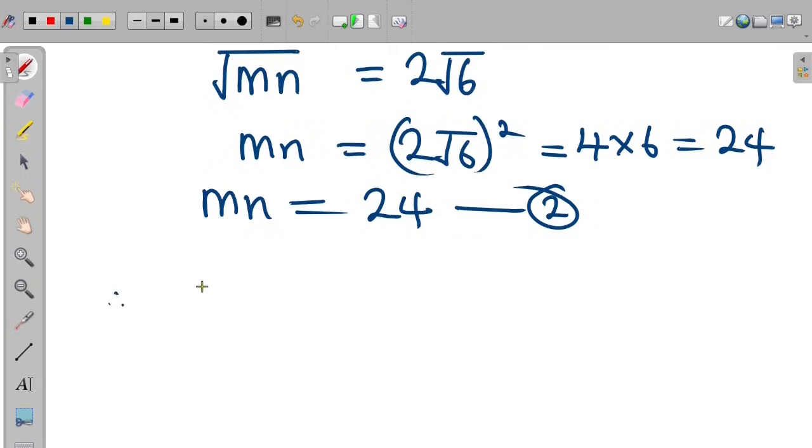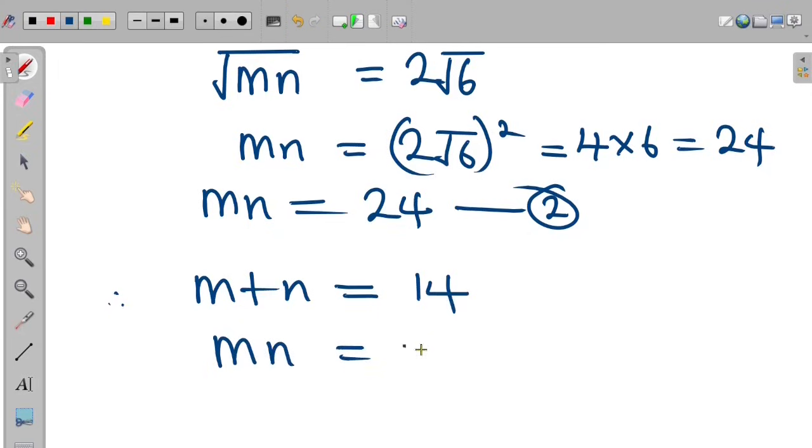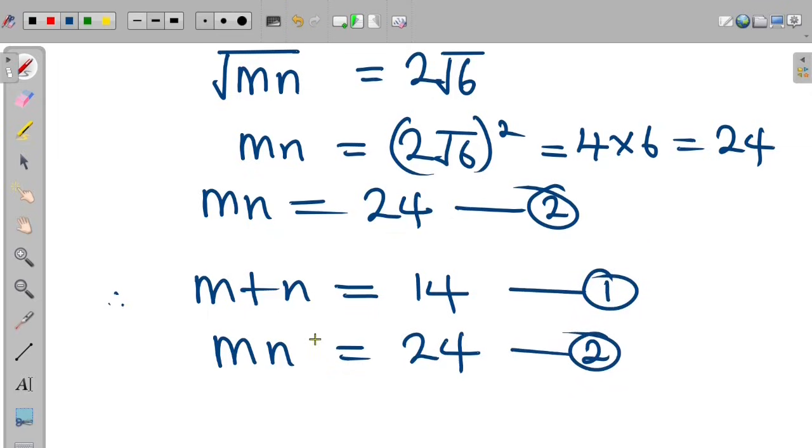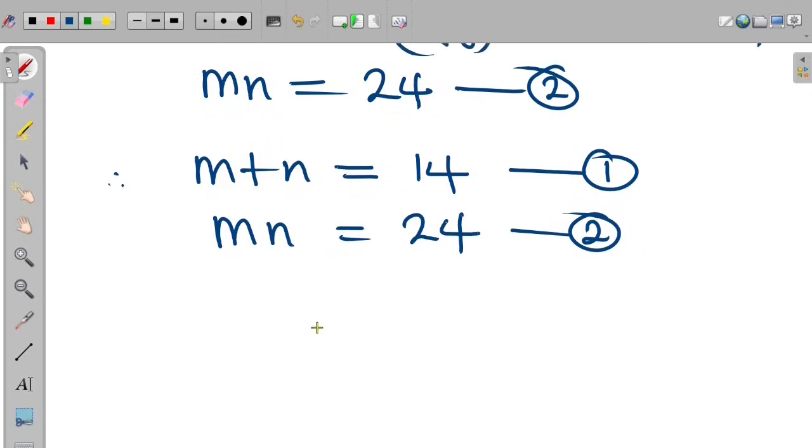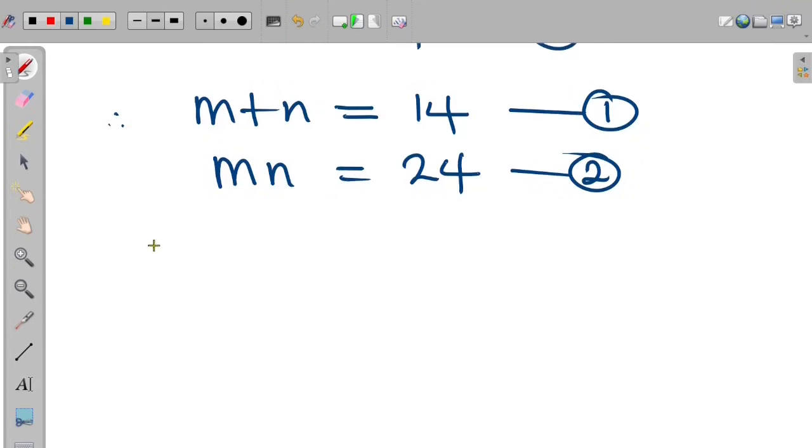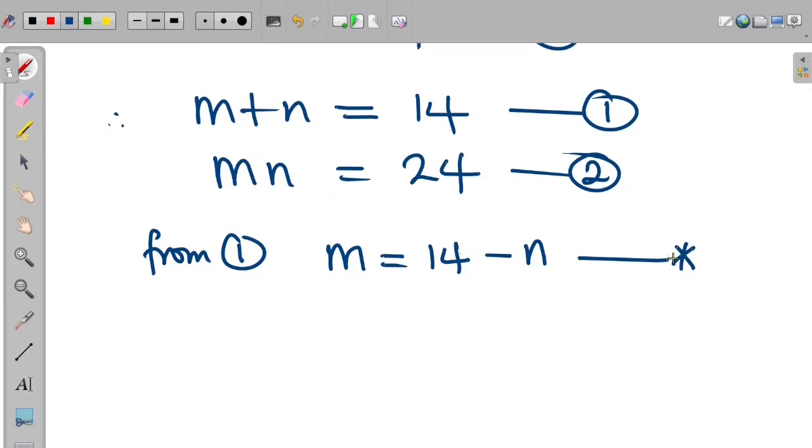So we have that for equation 1, m plus n equal to 14, and for equation 2, mn equal to 24. For equation 1, we can make m the subject. So we have that m is equal to 14 minus n. We will substitute this expression into equation 2.